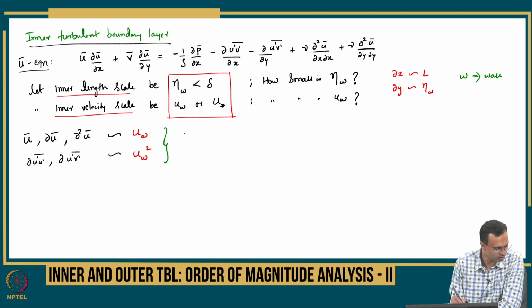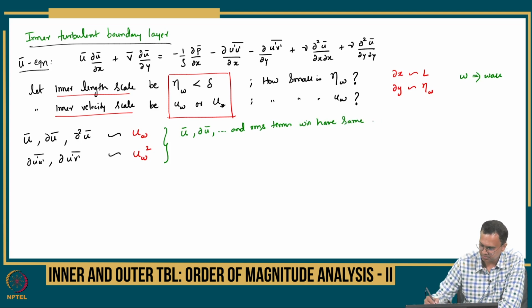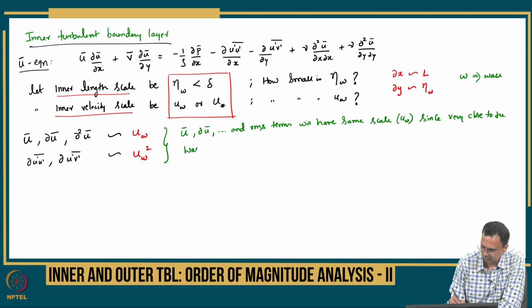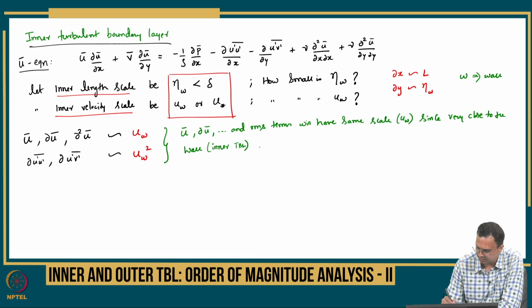Close to the wall, u bar, dou u bar, as well as the turbulence quantities and RMS terms will have the same scale, that is uw, since very close to the wall, that is the inner turbulent boundary layer, they are of the same order of magnitude.